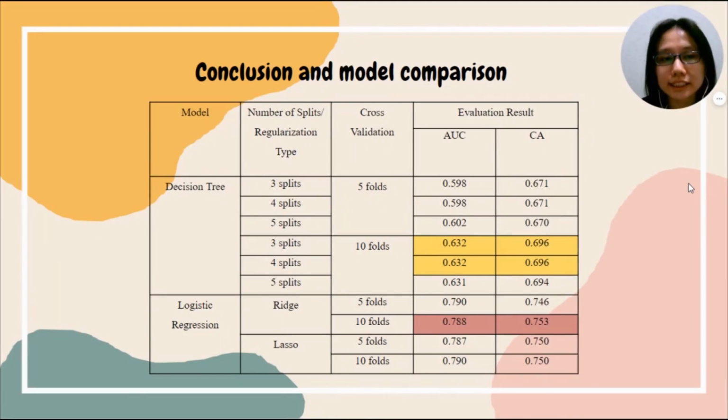For model comparison, we can note that the best among the best is logistic regression, ridge type with 10 folds of cross-validation, which has a CA value of 0.7534, and this makes it the best model to evaluate credit risk.